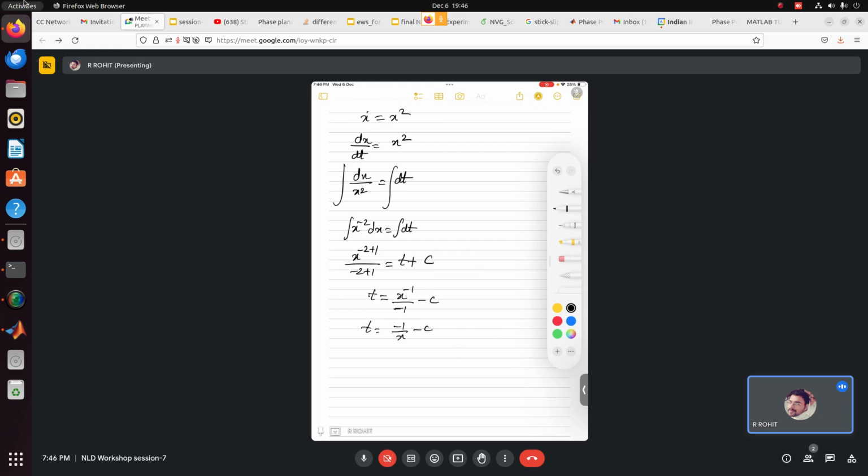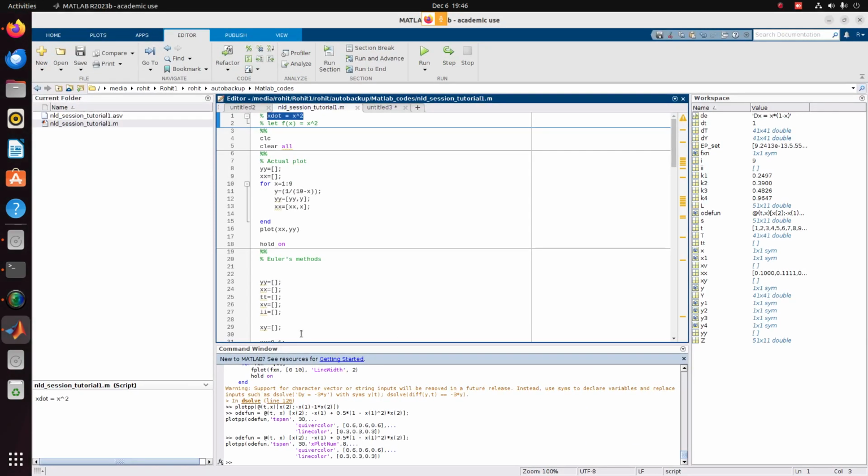Now we take an initial condition, say c is equal to 10 if you consider. Then you can find the value of t for a given condition.